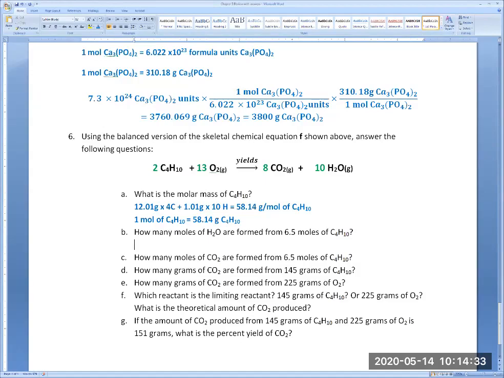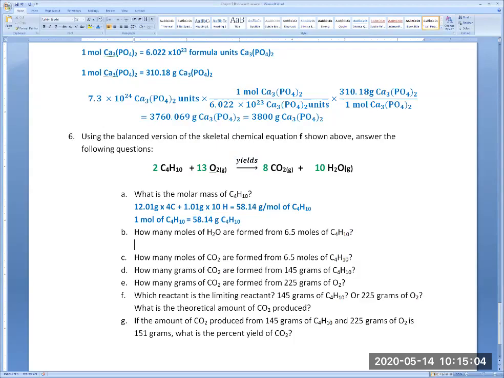It's like a recipe that gives you the proportions in which the reactants react, and that gives you the proportions of the products that are produced, right? So the coefficients here, the green numbers here, are called coefficients, and they are in units of moles or molecules, right?